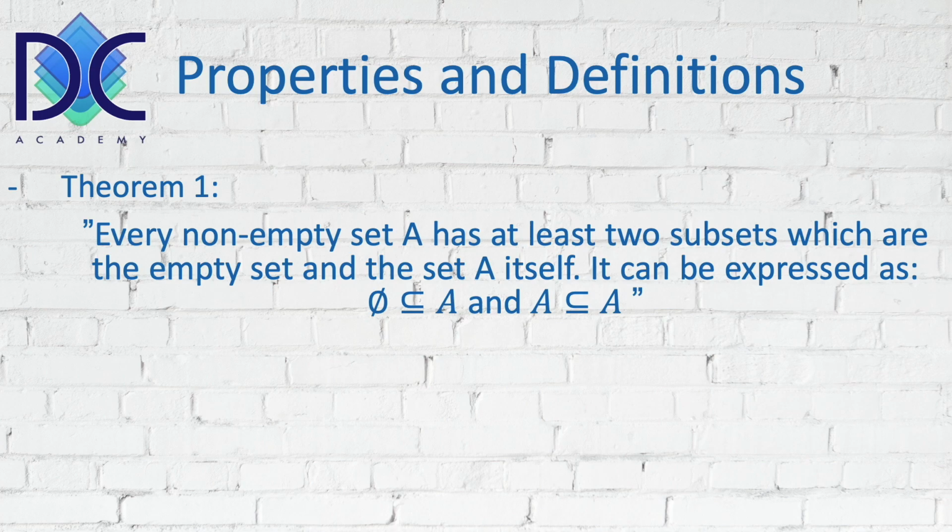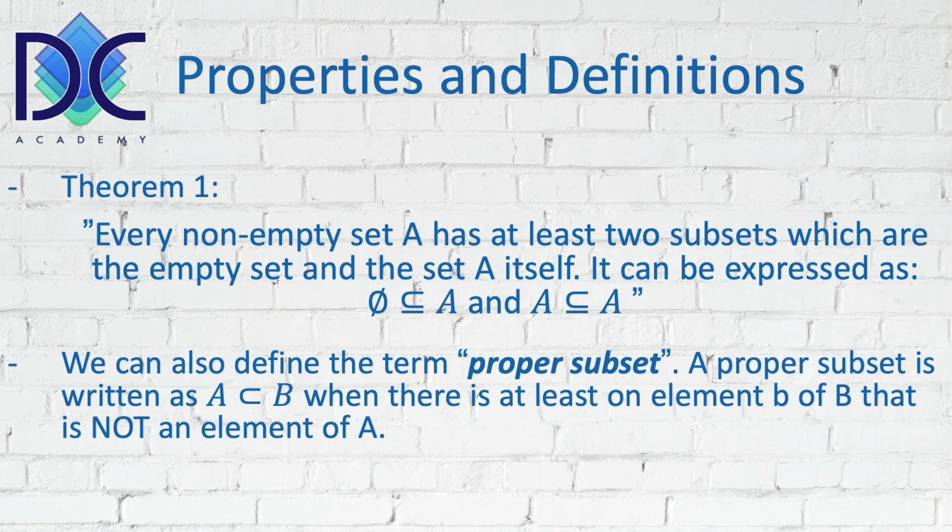It can be expressed as: the empty set is a subset of A, and A is a subset of itself. In this case, we have the equality sign, the same as the equality sign we have in mathematics. We can also define what a proper subset is.